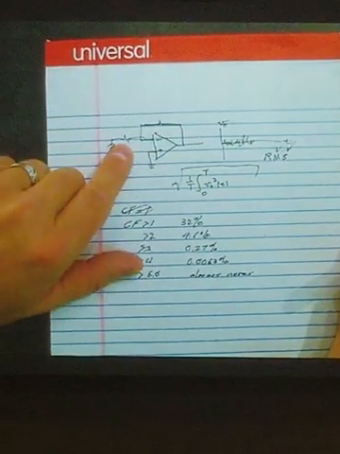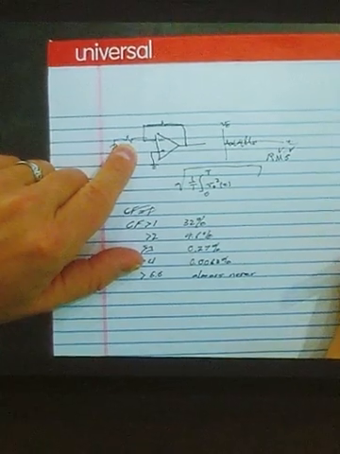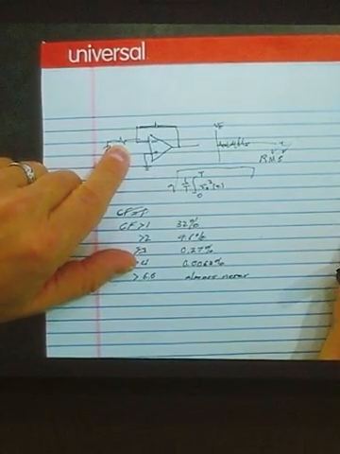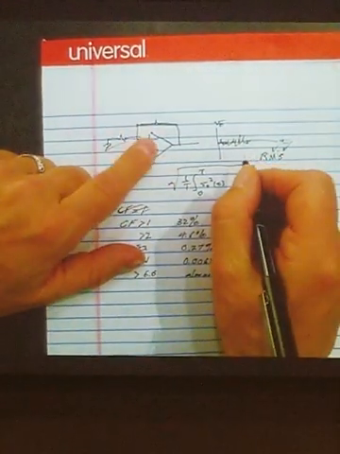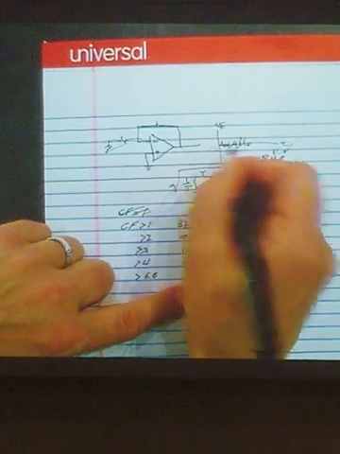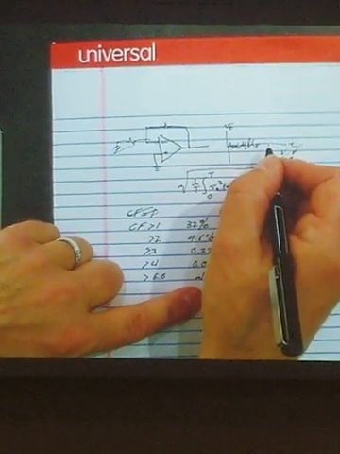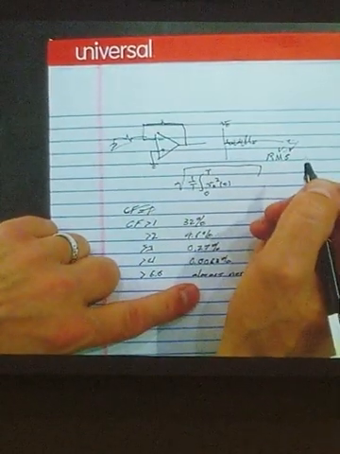With a gain of 100, it will have 1/100th the bandwidth, or only about 10 kilohertz. So obviously the noise is going to get bigger, but the bandwidth will get smaller, okay?